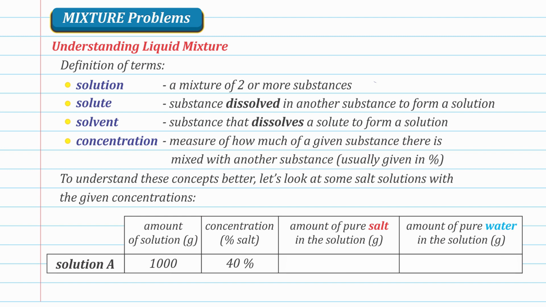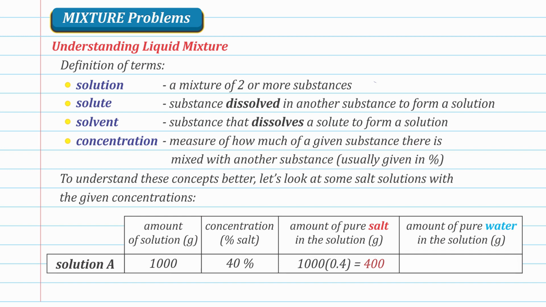Now, what if we're asked, how much pure salt in grams is in the solution? Since we know that the solution is 40% salt, we simply multiply the amount of solution, that is 1,000 grams, by 40% or 0.4 when converted to decimal. We then find out that we have 400 grams of pure salt in the solution.